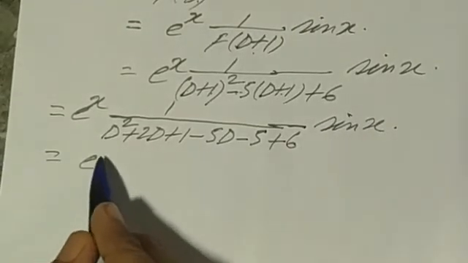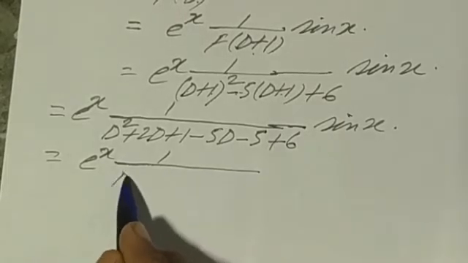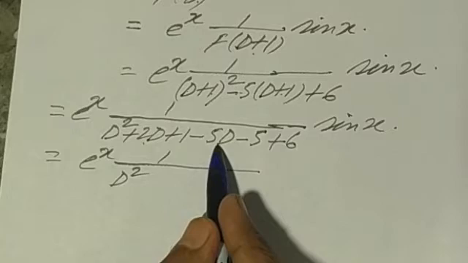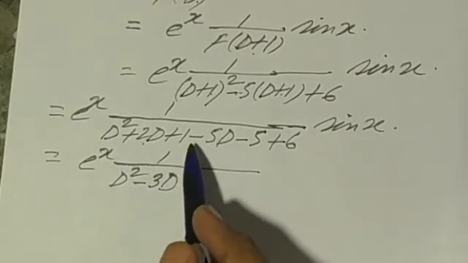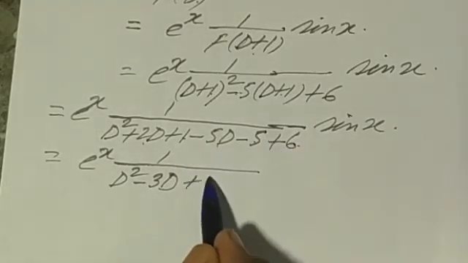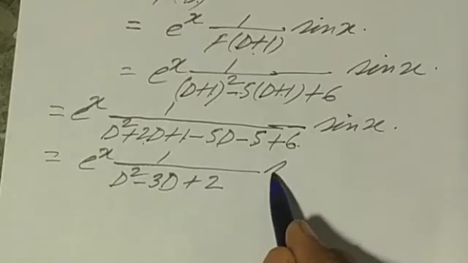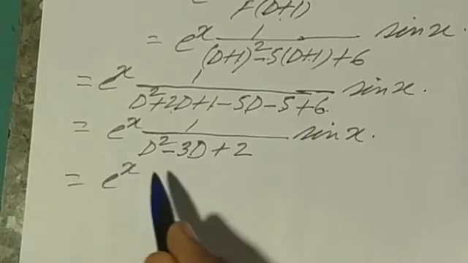So now e raised to the power x, 1 upon D square, 2D minus 5D is minus 3D, 1 positive, 5 negative, 6 positive, so 7 positive and 5 negative, so plus 2 is left, sin x, e raised to the power x.